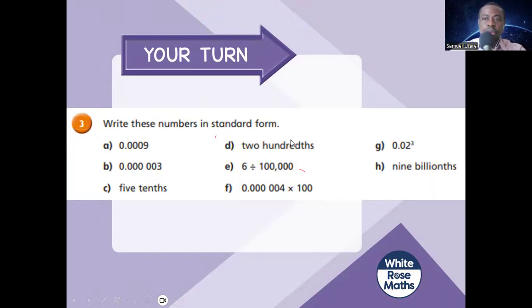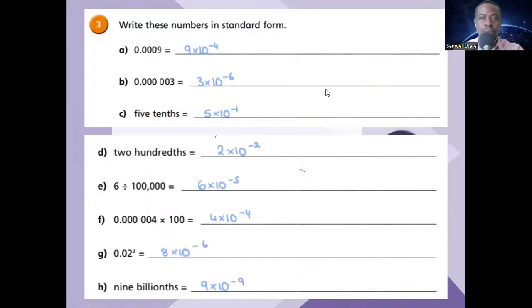Assuming you've paused the video and you've worked through question 3, here are the answers. Let's discuss them. Here you were asked to write these numbers in standard form. Again, we're using the pattern. We now know the pattern between how many zeros we have before the number and the negative power that we're going to use.